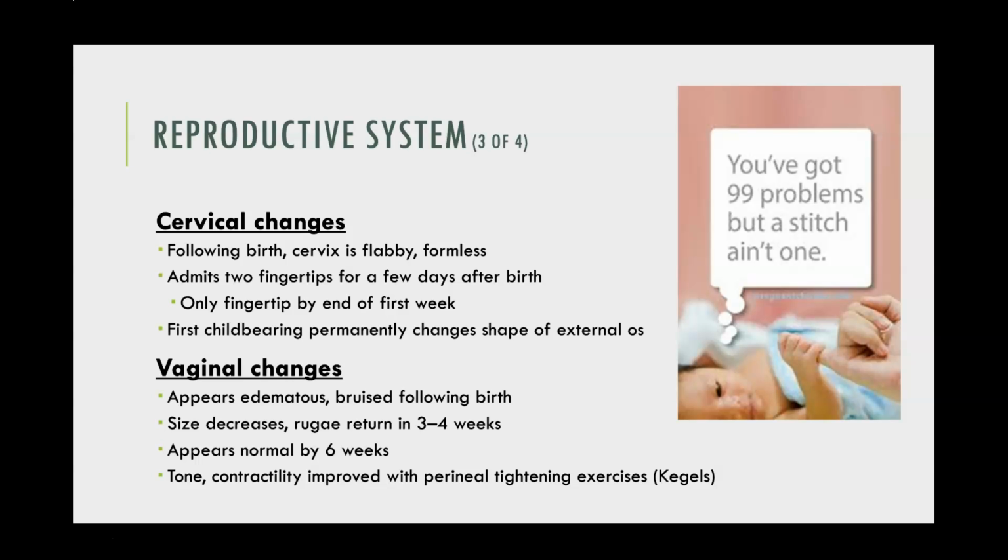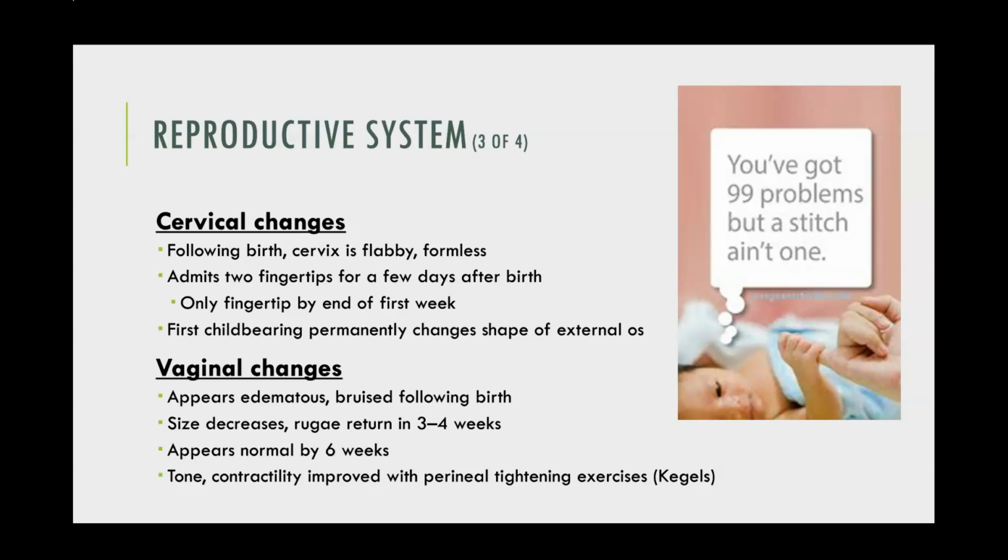So there are several cervical changes that also happen in the reproductive system from a postpartum standpoint. Following birth, the cervix is very flabby and formless, and you can usually get about 2 fingertips into the end of the cervix for a few days after birth.